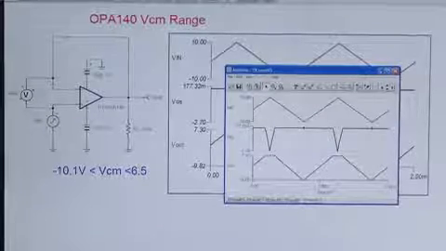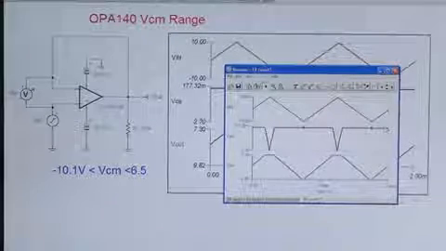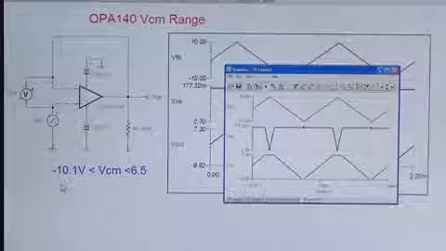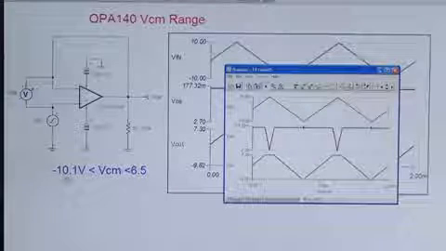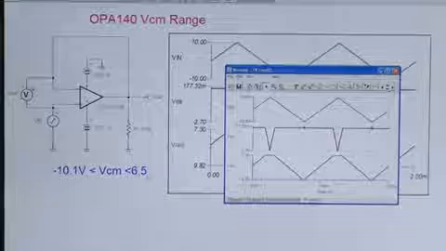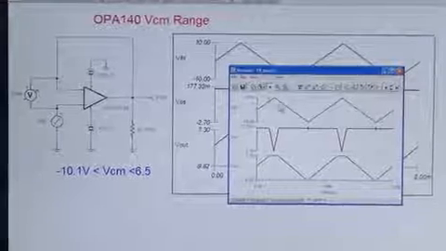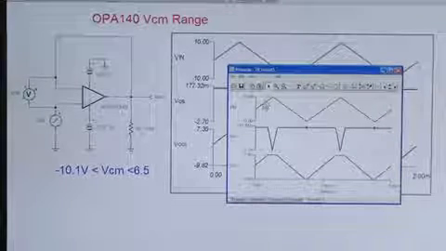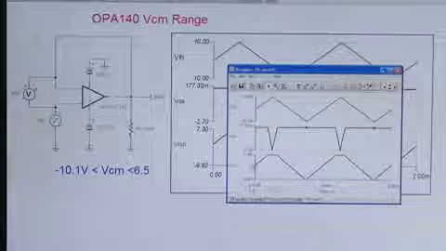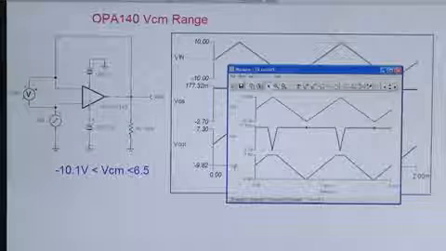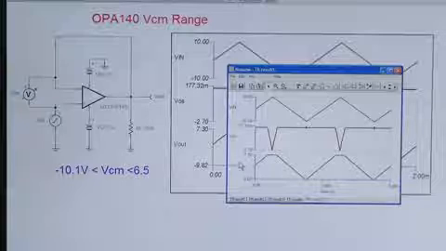We have the input signal, which is a plus or minus 10 volt triangle wave. The input common mode range using the data sheet is minus 10.1 to plus 6.5. So a 10 volt peak is going to violate that range on the positive end. And we see that the output becomes nonlinear and in fact clips in the circuit.